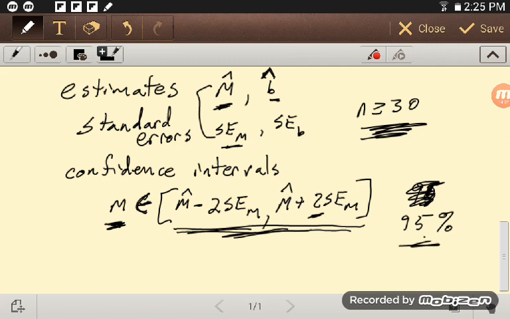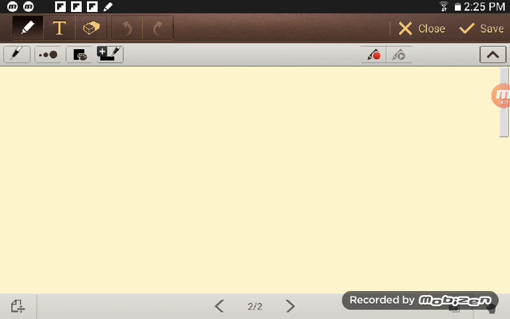Okay, now the other thing that we look at with least squares is called the R-squared, and what that's looking at is, again, remember that we're adding up these variations here.